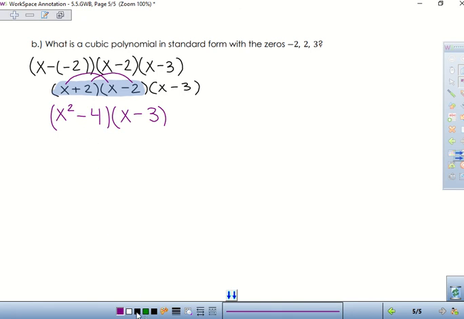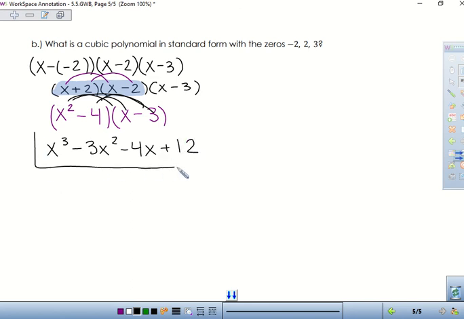Just doing FOIL, right? First times first, outer times outer, inner times inner, and last times last. Since there are no like terms we can deal with here, we can write this as our final answer.